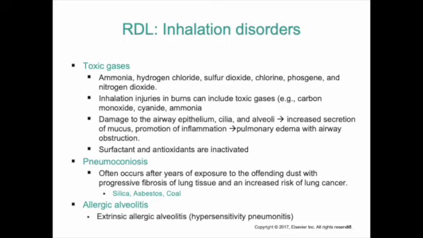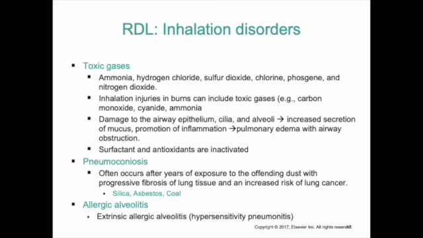And pneumoconiosis occurs after years and years of exposure to whatever that particle was, the offending dust or the particles in the air, like maybe asbestos. And then it leads to progressive fibrosis of the lung tissue, and then increased risk for lung cancer.